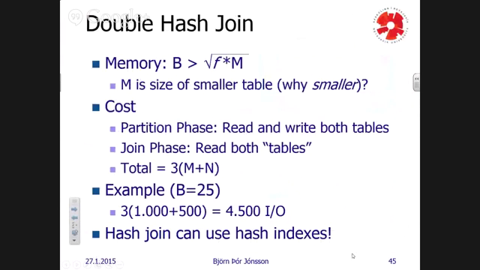And so it turns out the memory that you need to do a double hash join is the square root of the smaller table. And you can ask, why smaller? It's the same thing as with the simple hash join. You can do a simple hash join if the smaller table fits into memory.